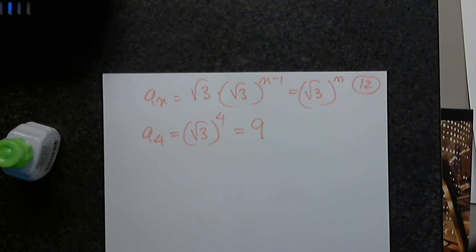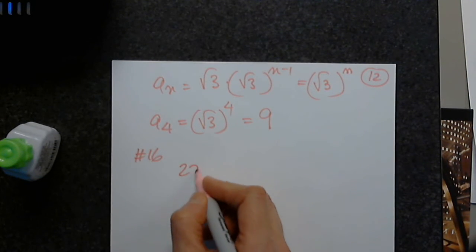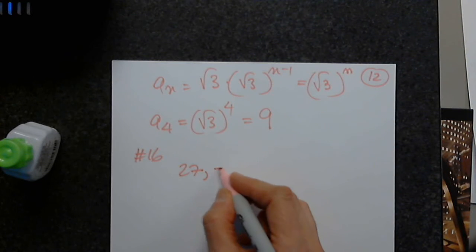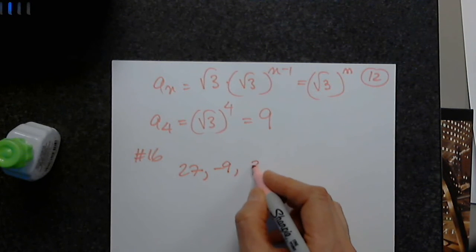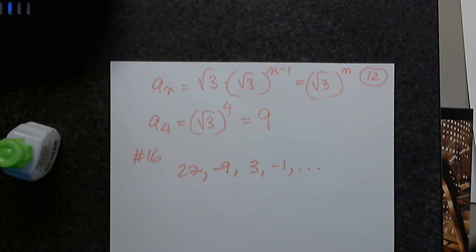So let's continue with determine whether the sequence is geometric. Problem 16: 27, negative 9, 3, negative 1, and so on. We are asked whether this is a geometric sequence. It doesn't have to be, but is it?